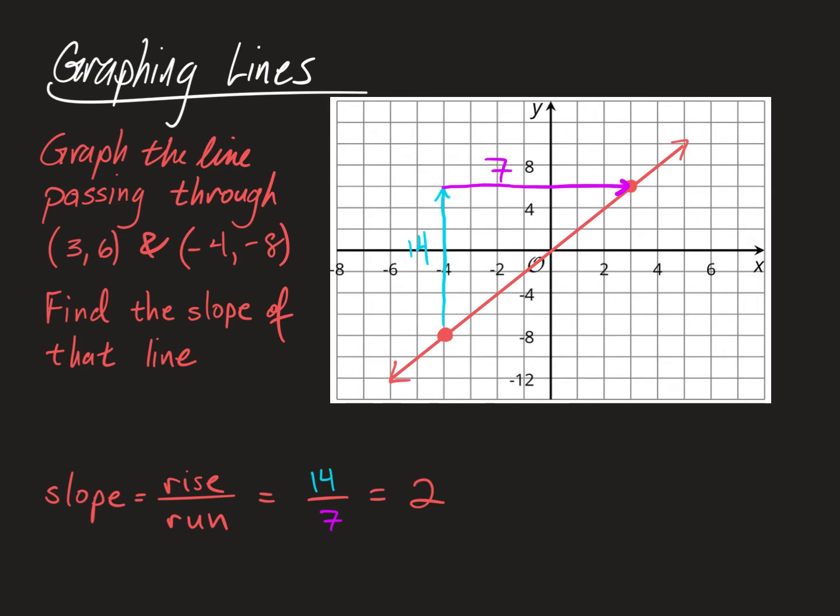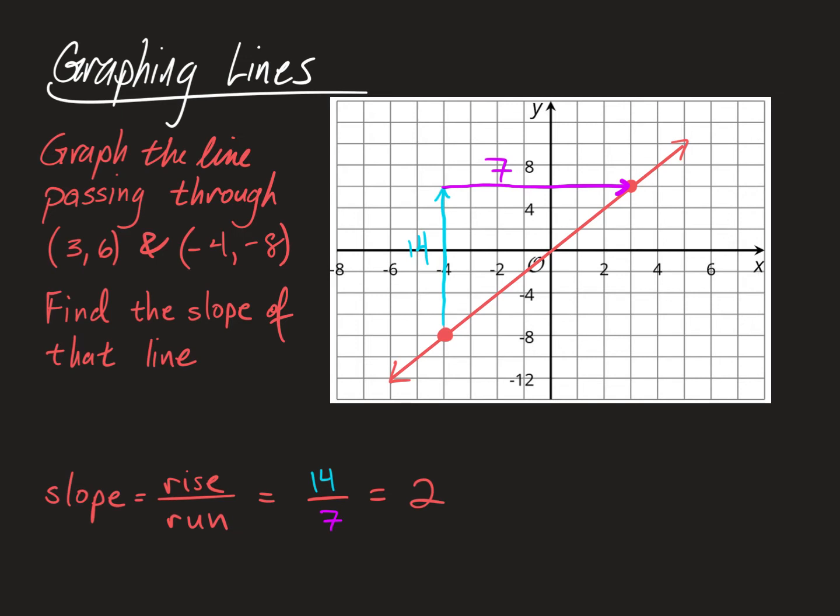Okay, that is not the only way I could have traveled using only vertical and horizontal movements to get from this line to this line. I could have done a little stair step here and added up all of the vertical movements and all of the horizontal movements. That's a little bit of a pain, so we'd like to make all of our vertical movements and horizontal movements at once.